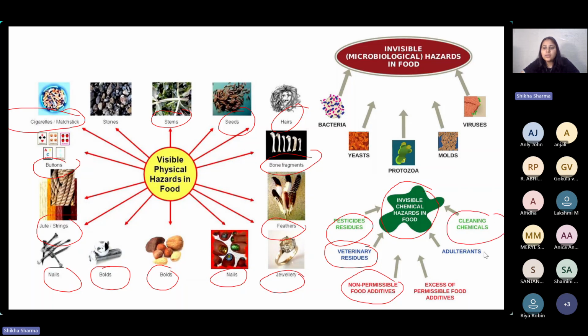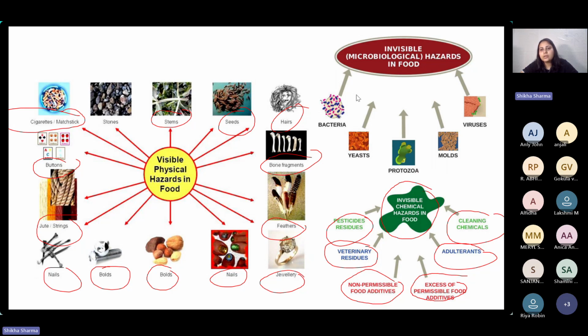Then cleaning agents, if we are doing CIP cleaning, some cleaning agents can remain in the machine and may come into the food product. Then adulterants can be there, and additives beyond the permissible limit.